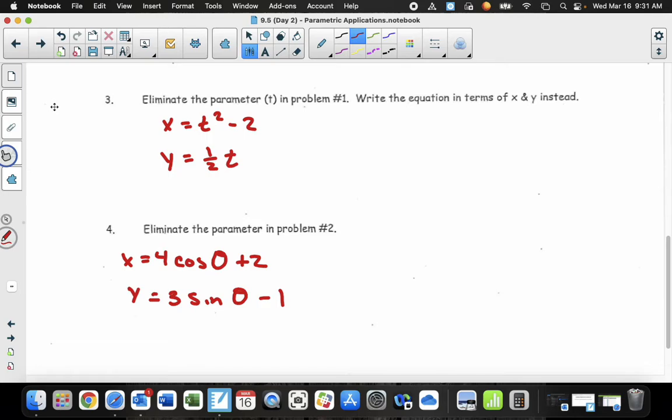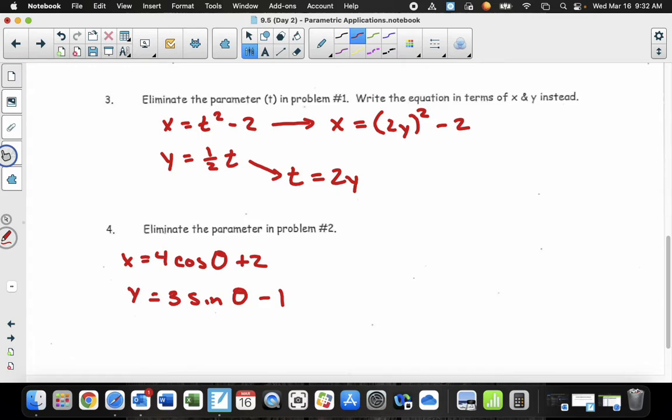So I'm going to take the second one because all you have to do is multiply both sides by 2 to get t by itself. So if we do that, that means t is equal to 2y. Okay? If I just double both sides. And now if that's what t equals, now I can substitute it into the first equation. So that means x equals the quantity 2y squared minus 2.